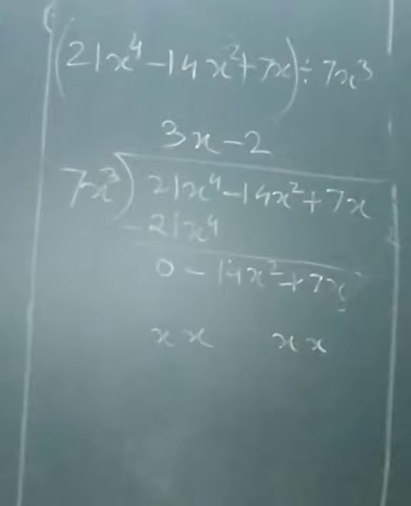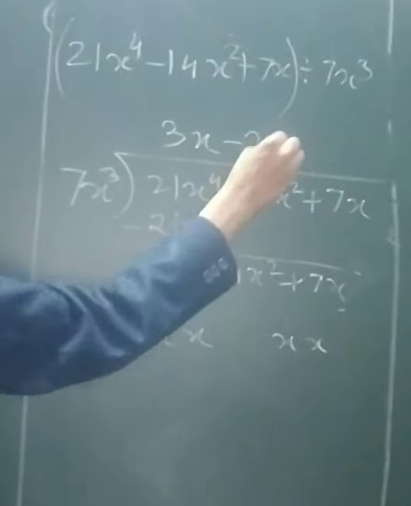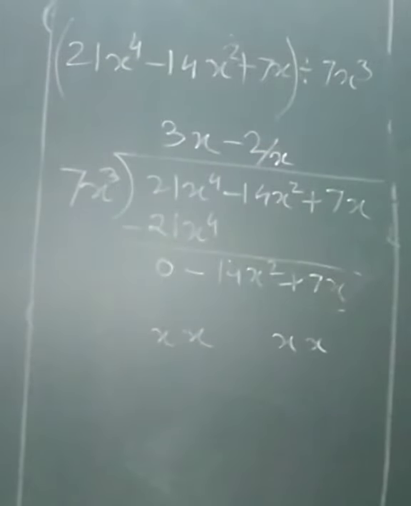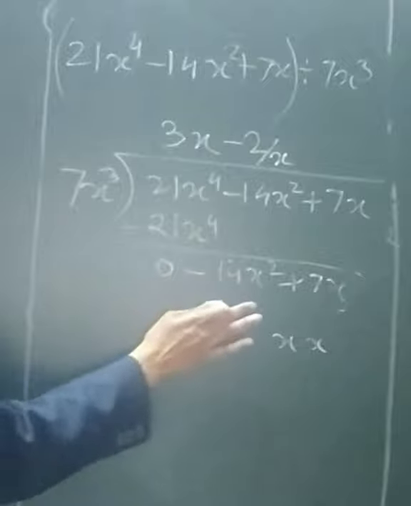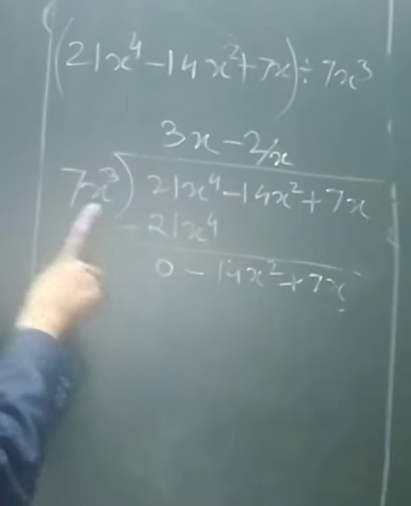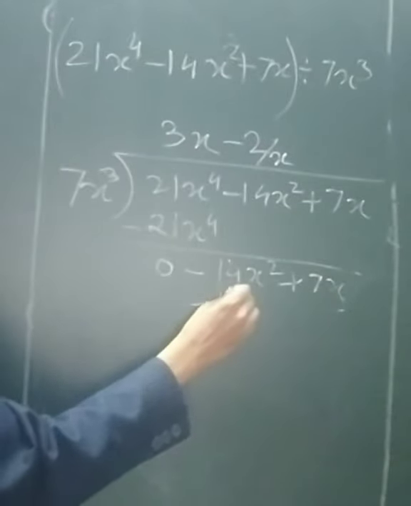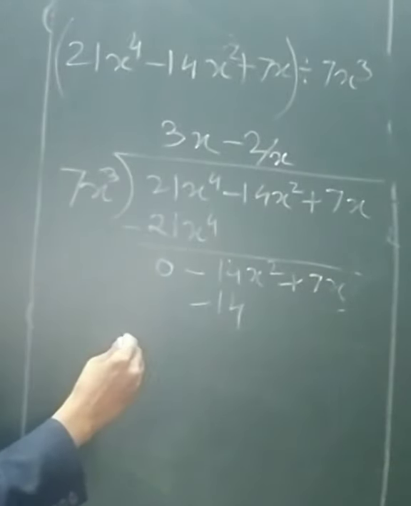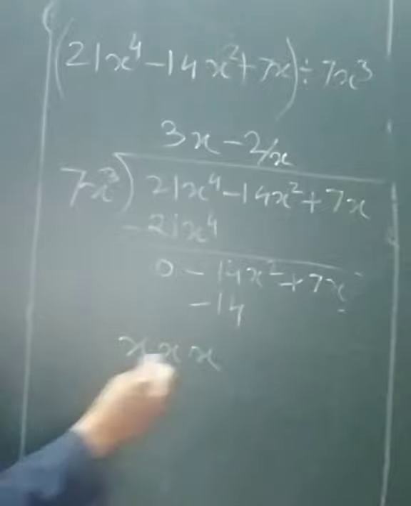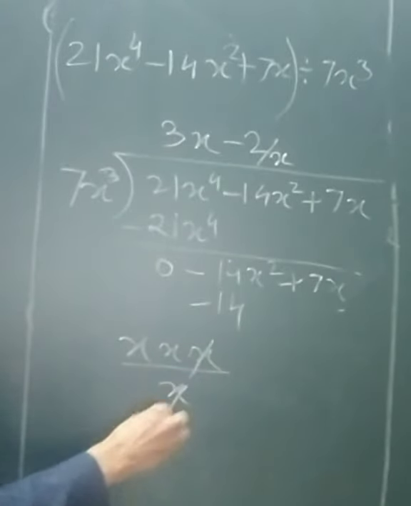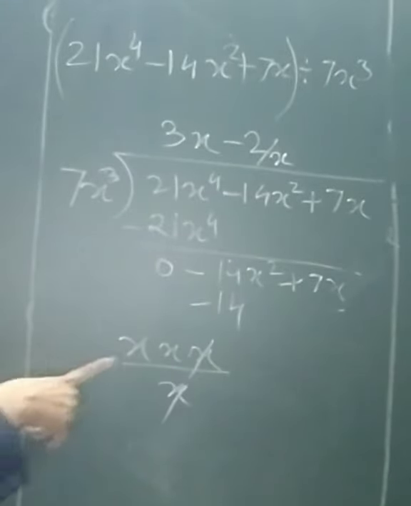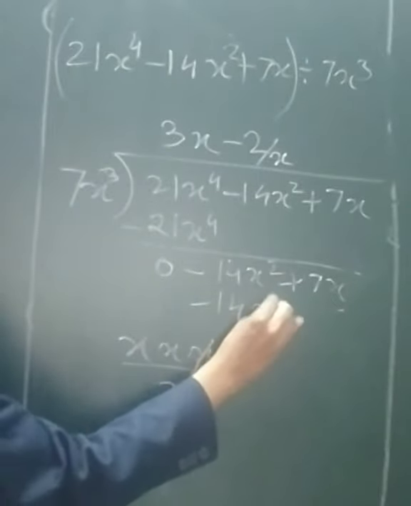So what we are going to do, we are going to divide this by x. When we divide by x, we are going to get x squared. So 7 to minus 14 you will get, and when you divide this x cube by x, x will get cancelled and you will get only x squared. Okay.